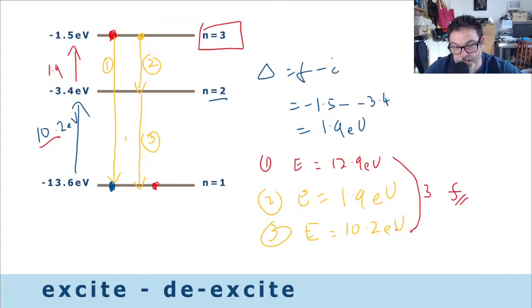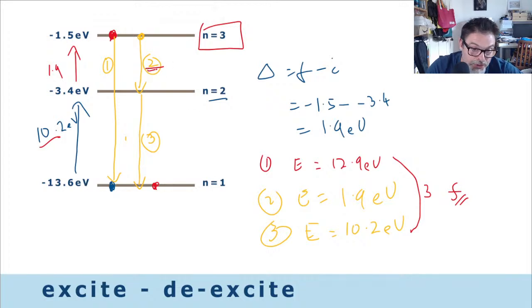Let's just ask the question then. Looking at this, 1, 2 or 3, which do you think is going to have the frequency of light that is closest to red? Well, thinking about the spectrum, you've got red at one end and blue at the other. The red has the longest wavelength, the lowest frequency, so it has the least energy. So the red will be the lowest energy.